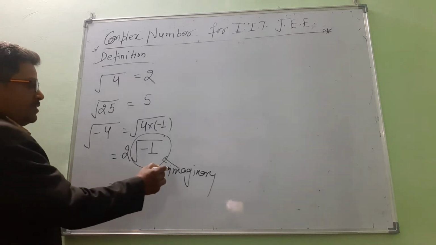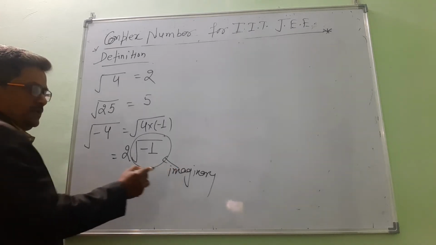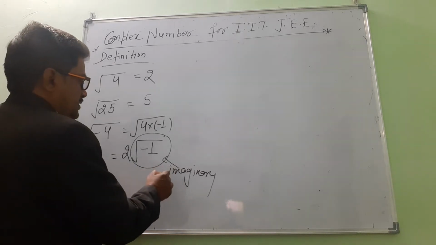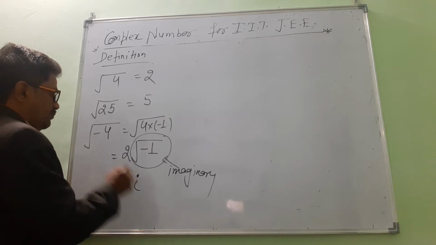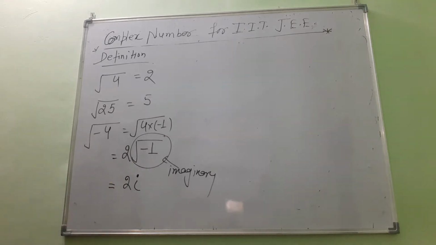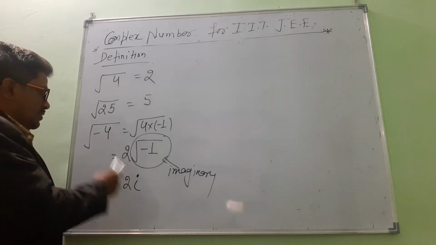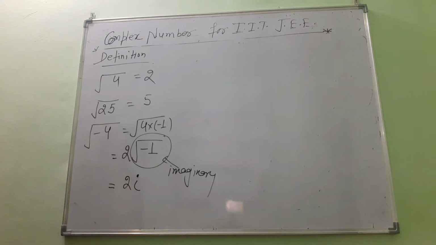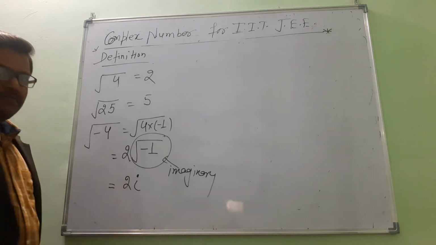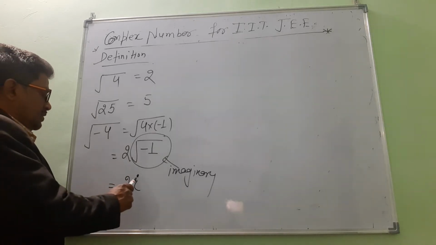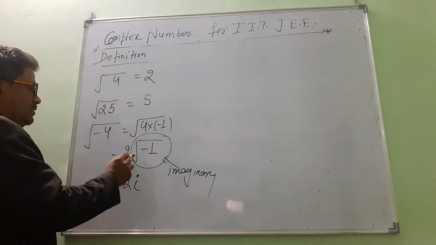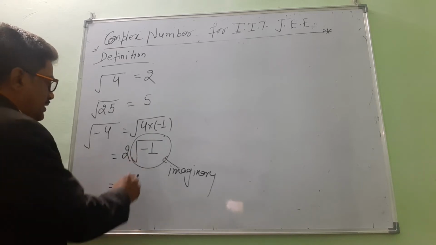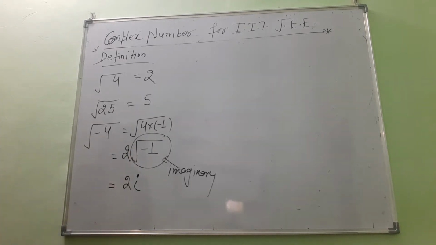We will take the I of imaginary, the first letter of imaginary, and in place of root minus 1 we will write I. Some people pronounce it iota. So in place of root minus 1, we will write iota. So we got 2 iota.